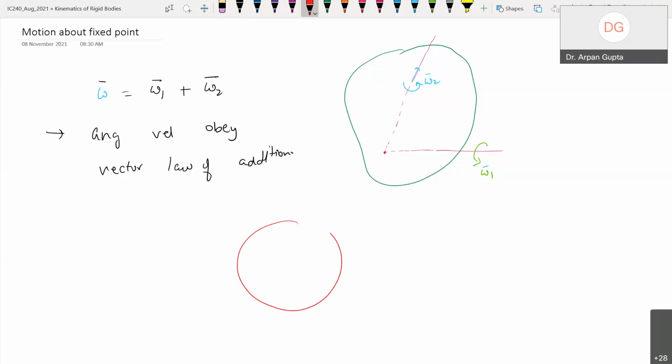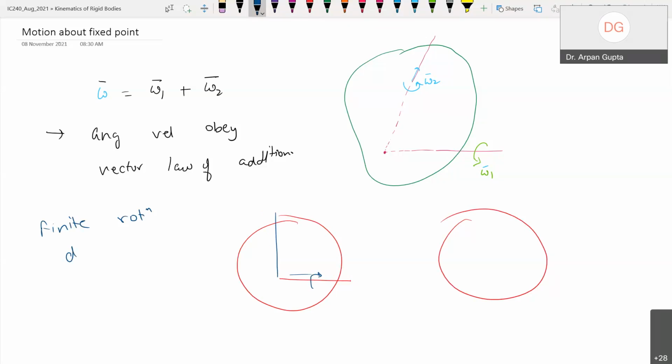So for example, if I have this rigid body here and I rotate it first about omega 1 and then after... not omega, I'm talking about finite rotation. So I'll write it down: finite rotations do not obey the vector law of addition.